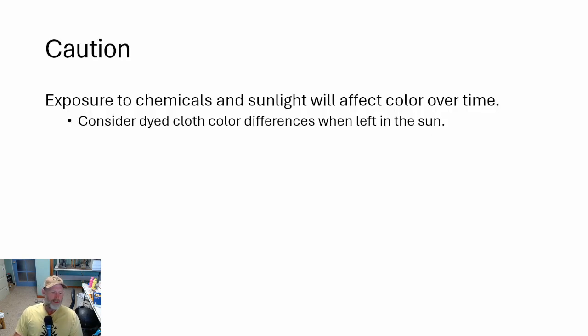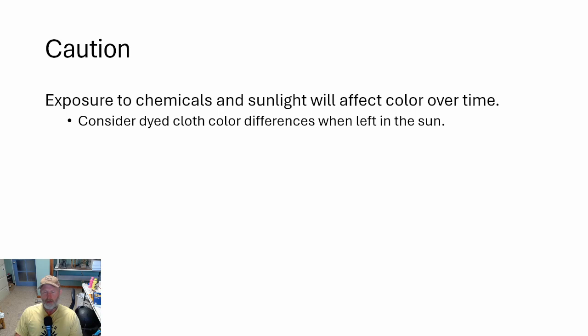So one thing to consider with these principles of heat-induced color changes, I think many of us have left a shirt or a hat outside on a summer, maybe even prolonged summer days. Leaving it out there, let's say for a month, you go pick it up, you notice that it's changed color. So the very nature of being subject to solar intensity, it changes the color of the dyes that are in that cloth.